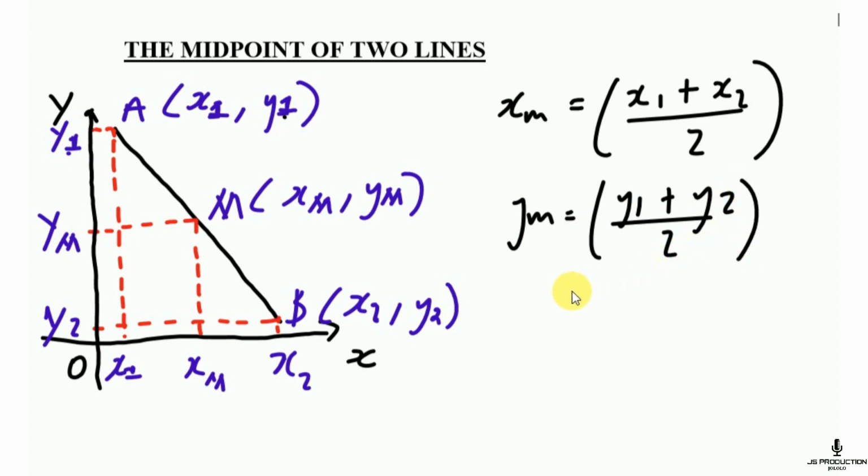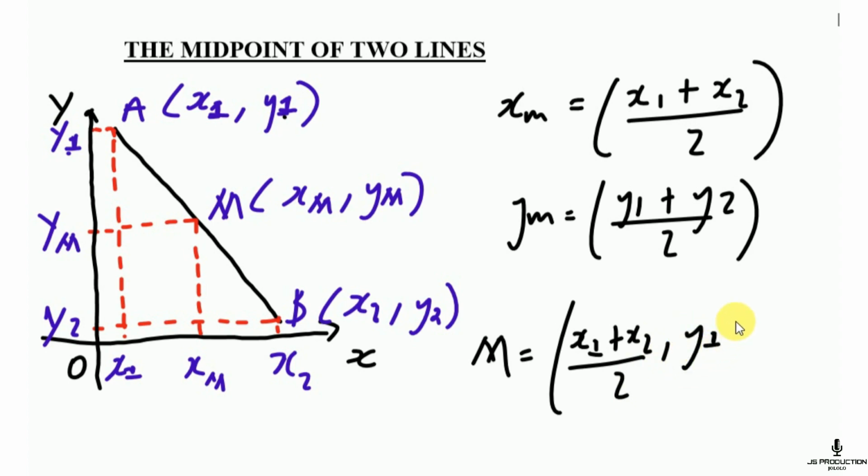And for us now to write our general formula, these two formulas that we have written for xm and ym are going to help us out. So we're going to say that the midpoint will be equal to x1 plus x2 divided by 2 comma y1 plus y2 divided by 2.